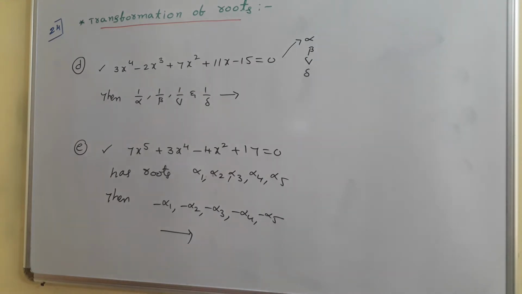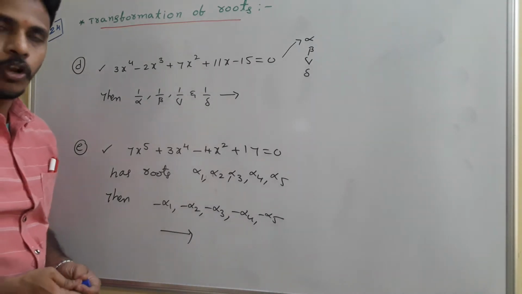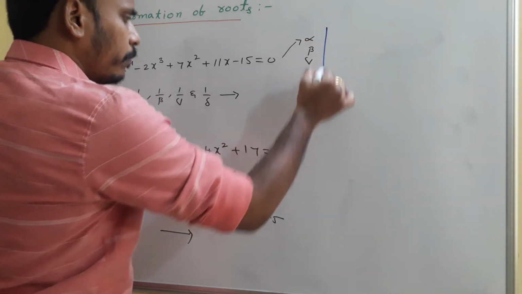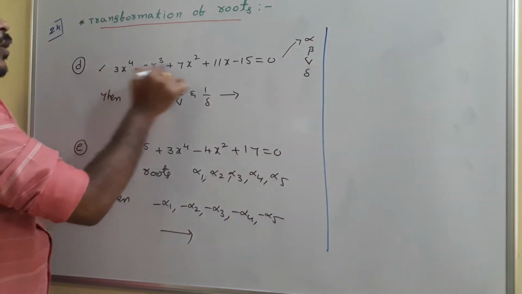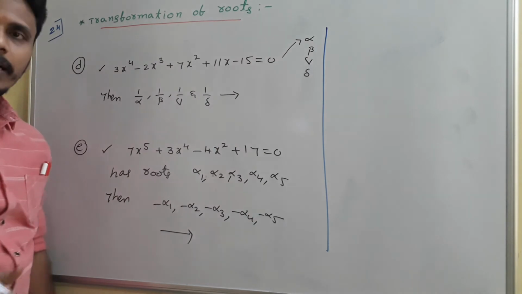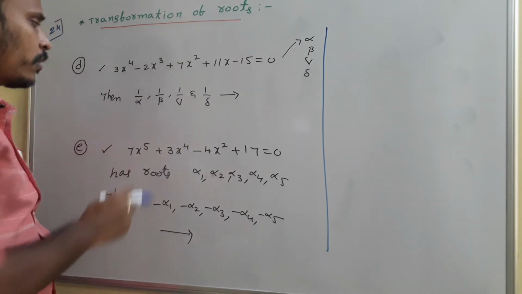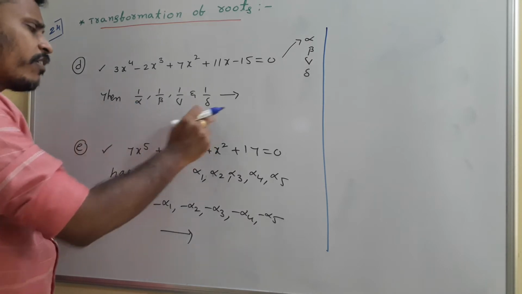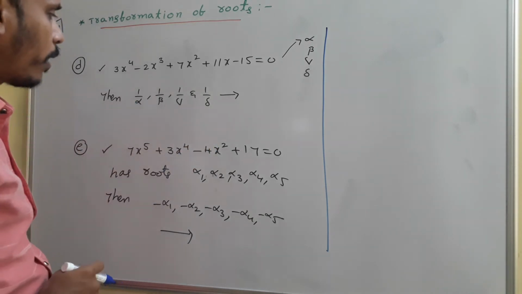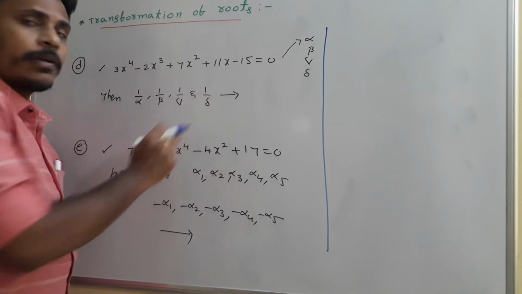Now just look here, two simple problems in the same model. Okay, part D. This is the equation whose roots are alpha, beta, gamma, delta. Now I need to find the equation having roots as 1 by alpha, 1 by beta, 1 by gamma, 1 by delta. All these are symmetrical, right?